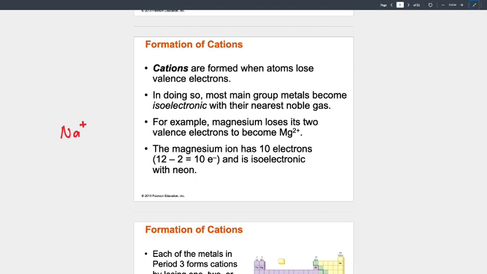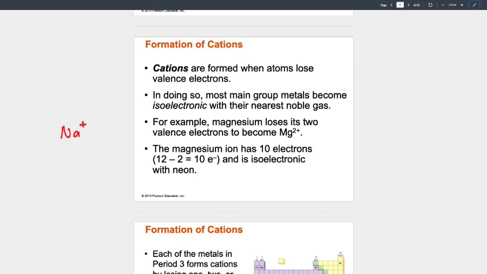If we take our periodic table and roll it, sodium at 11 is very close to 10 as neon. It is quite far from argon. Our metals are trying to look like the noble gases, and the easiest way for them to do that is generally to lose one electron.